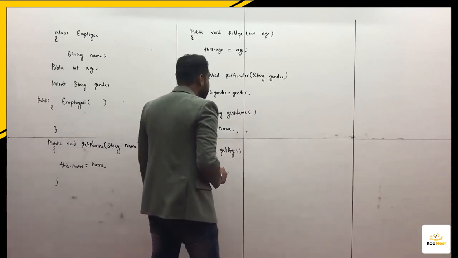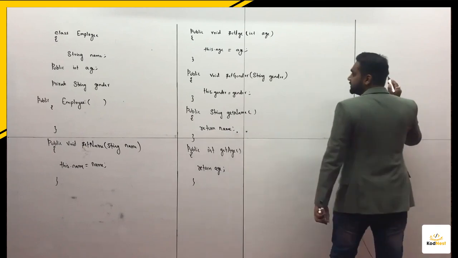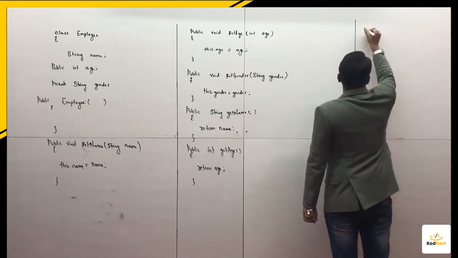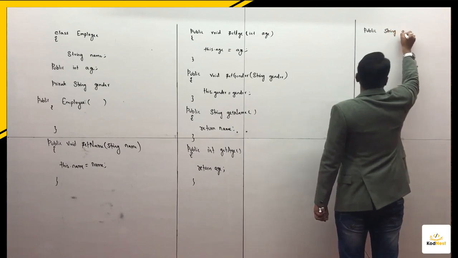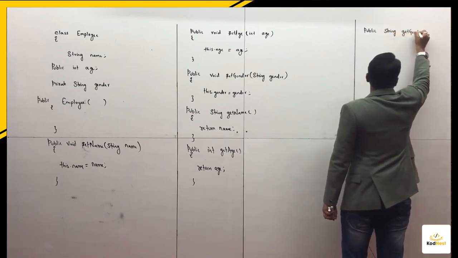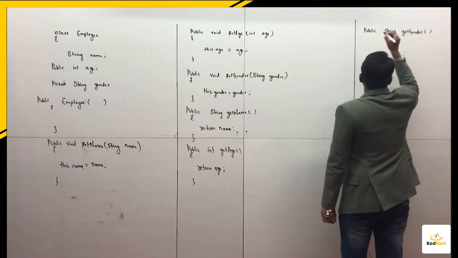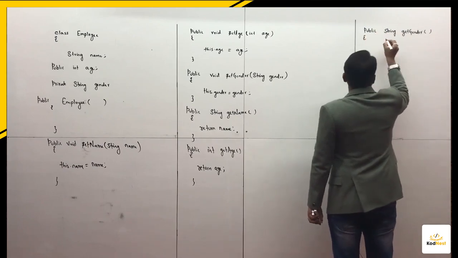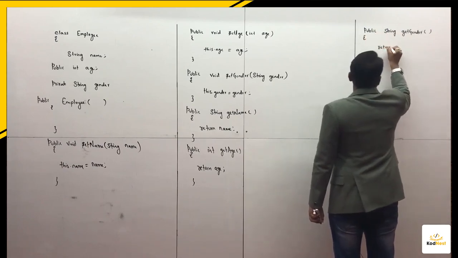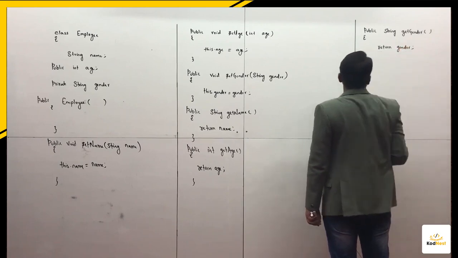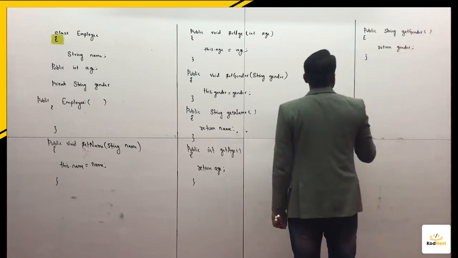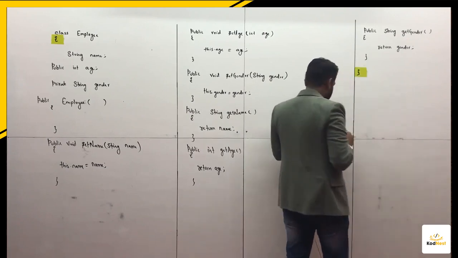One more getter I have to write, I would write it here, public string getGender. Probably here I would write return gender. This is the closing of the getter, that is the opening of the class, this is the closing of the class.